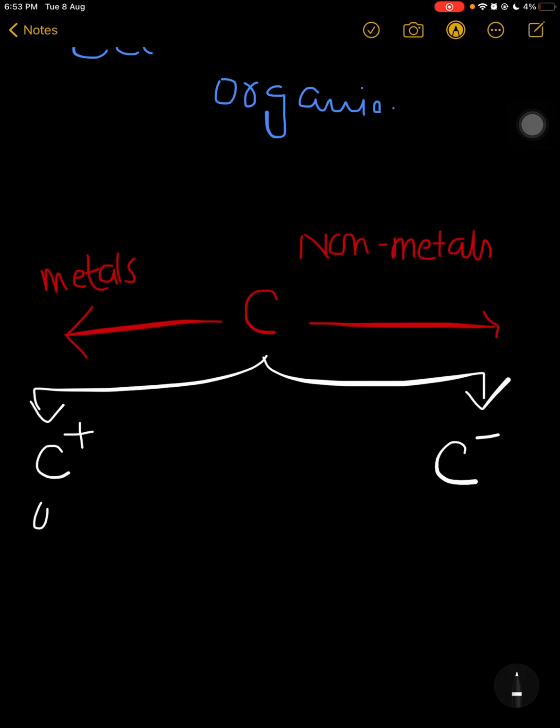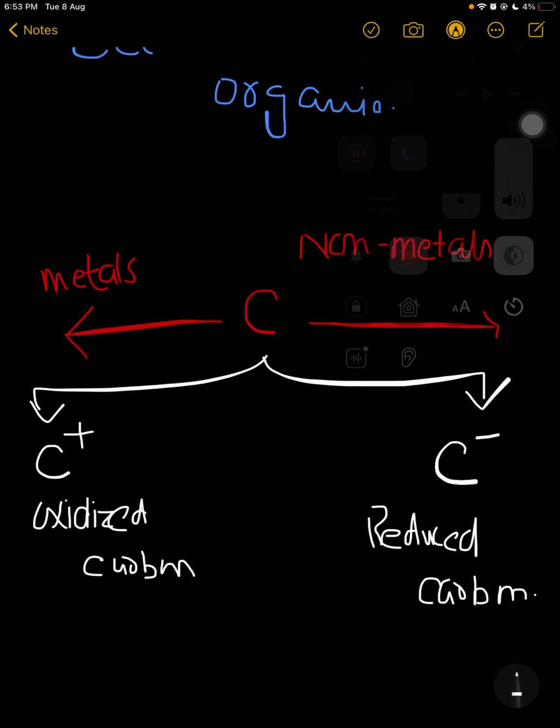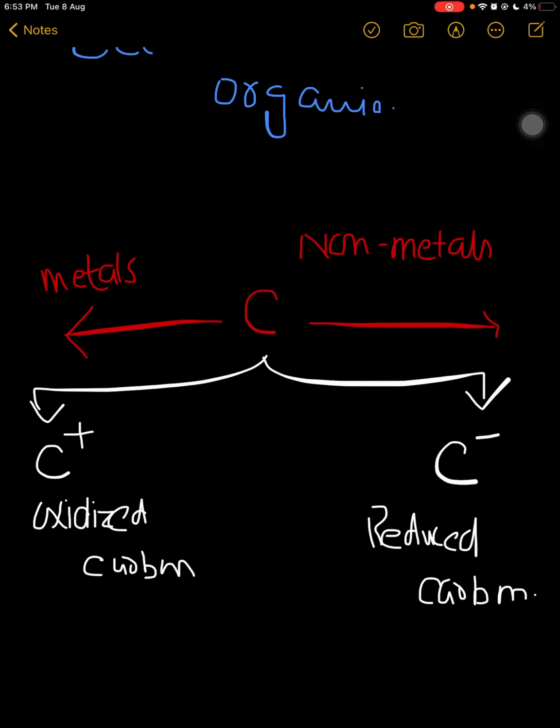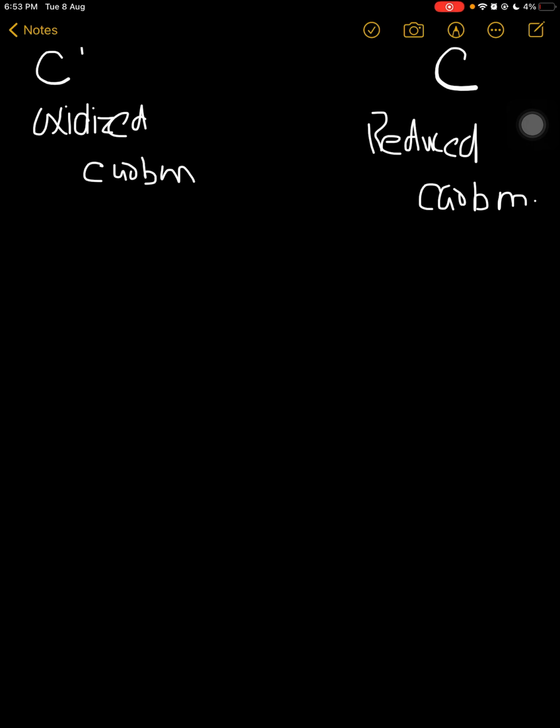So this one is known as oxidized carbon, because there is a positive charge and it has lost electrons. And on the other hand, here it is reduced carbon, right?